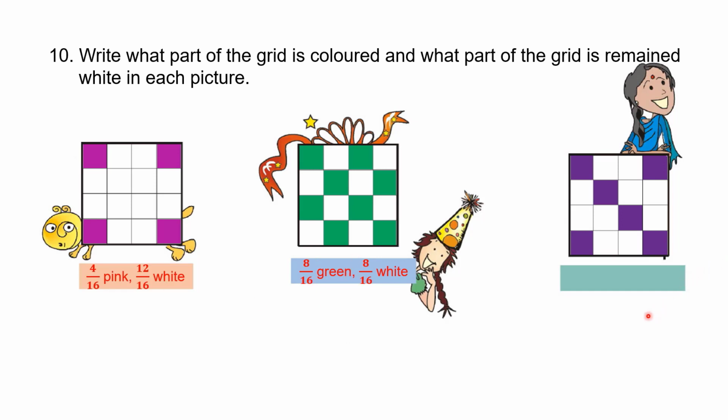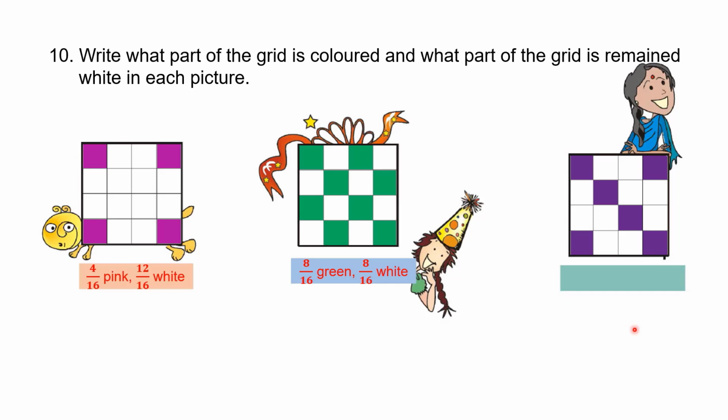See the last one. Now here we have violet color squares. Let us count them. 1, 2, 3, 4, 5, 6. 6 violet color squares are there. 6 out of 16, that is 6 by 16 is violet in color, and the remaining white ones, 1, 2, 3, 4, 5, 6, 7, 8, 9, 10.